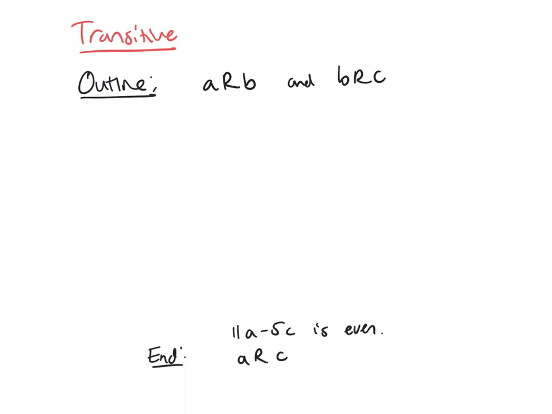If A relates to B, right, then 11A minus 5B is even. If B relates to C, then 11B minus 5C is even.